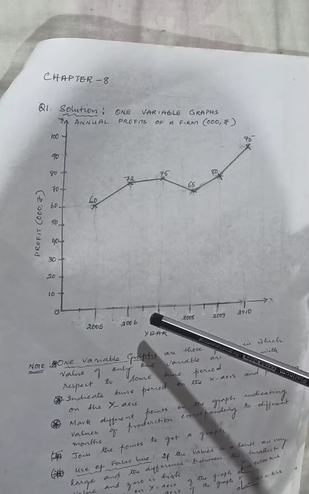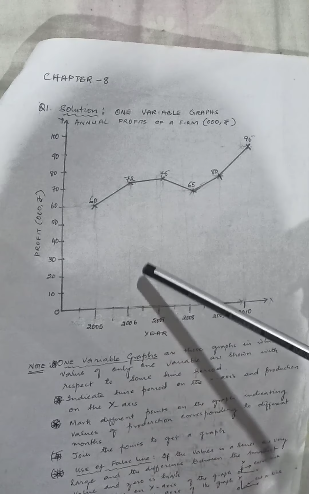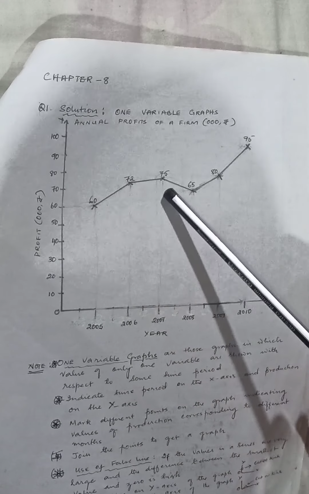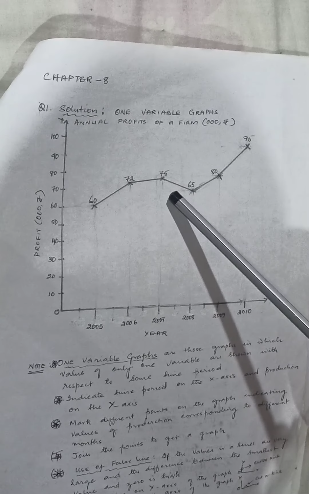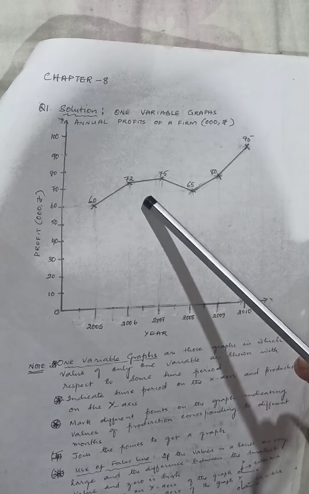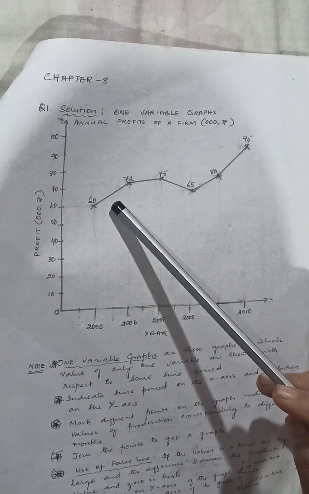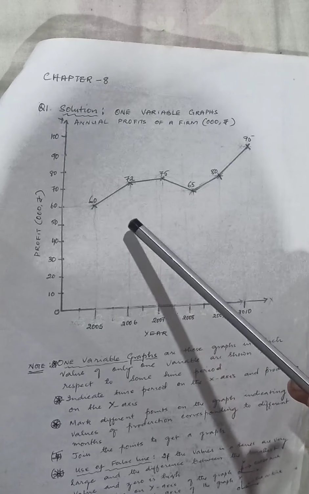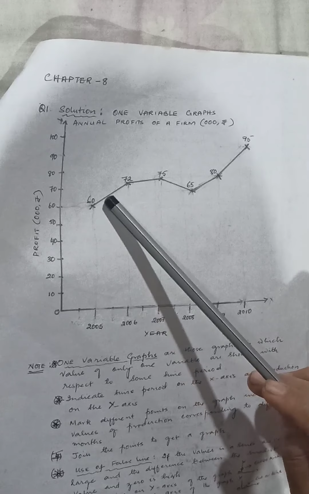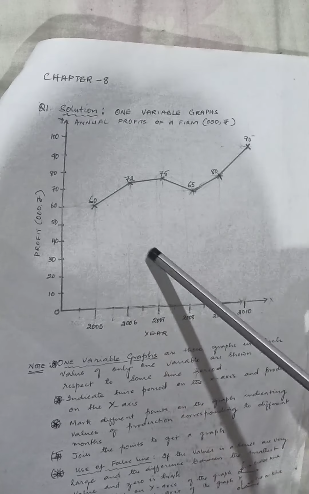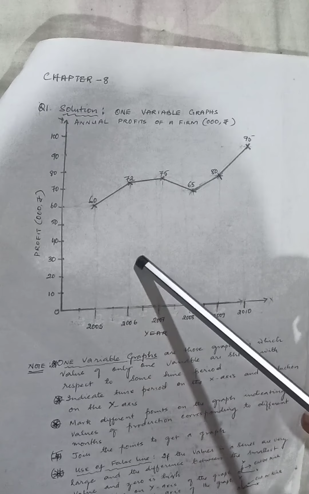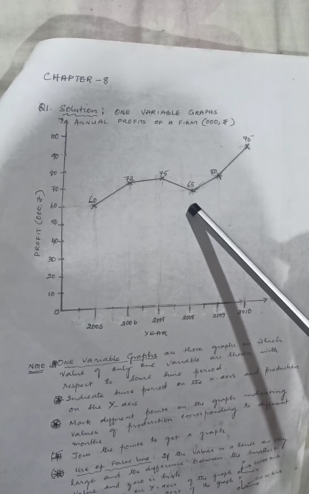While joining the points, we can use three kinds of line: a bold line, a dotted line, and a broken line. Any one of these three we can use.